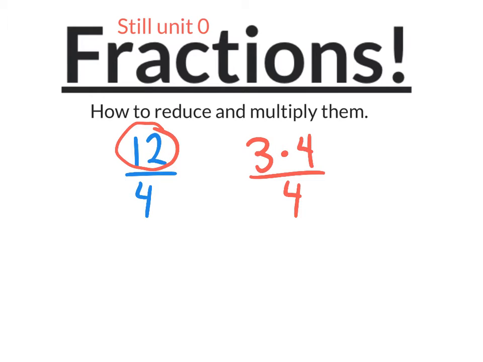Normally I wouldn't, because 12 divided by 4 is 3, but I want to show you that 12 is really 3 times 4, and we have a 4 over 4 here. The 4 over 4 cancels out and becomes 1. So you really have 3 times 1, which is just 3. That's the answer everybody said right off the bat, because everybody already knows that 12 divided by 4 is 3.